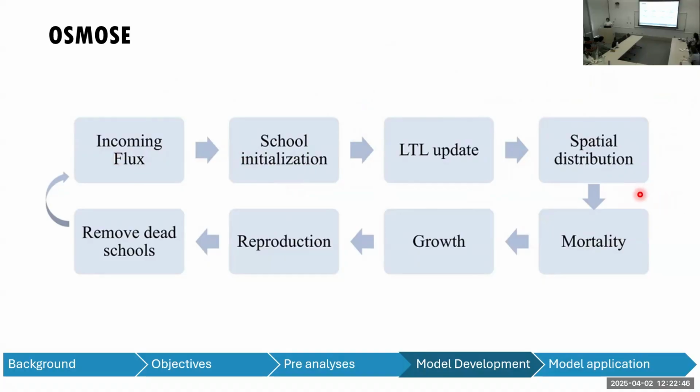So those who got eaten, cannot get enough food, or were fished by humans will go into the mortality module. And those who successfully survive will start to grow, and some of them who reach a certain age will start reproduction, etc., and go on in every time step.